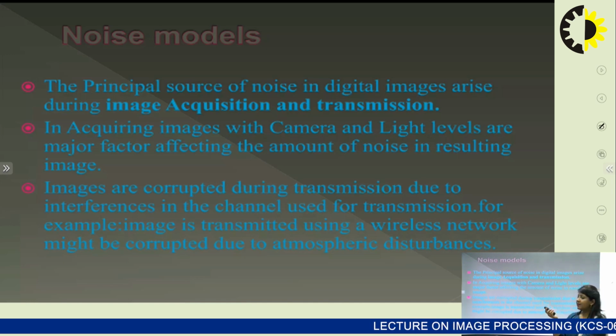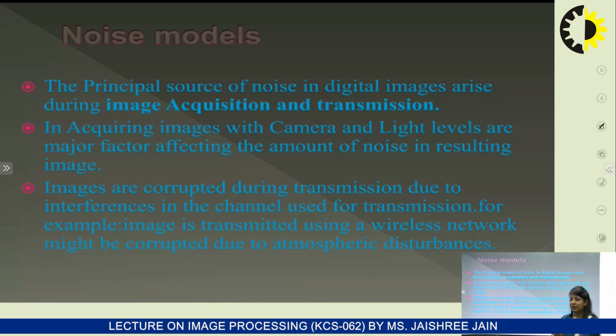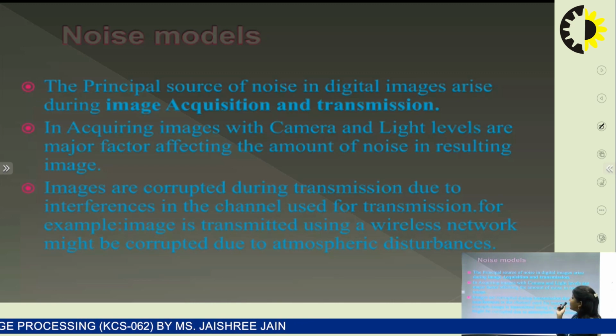So now next is the noise model. We have to study what the different kinds of noise are. How can we say which kind of noise got inserted into the image? So we have to study different noise models, and we have to apply different noise onto the degradation function to calculate the degraded image. The principal source of noise in digital images arises during image acquisition and transmission. When we capture any image via sensors or a digital camera, the image also involves some kind of noise.